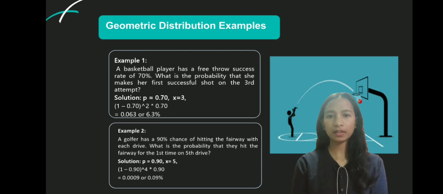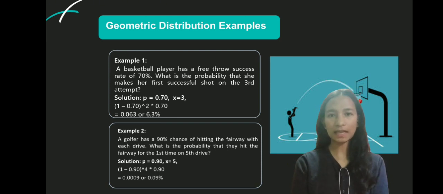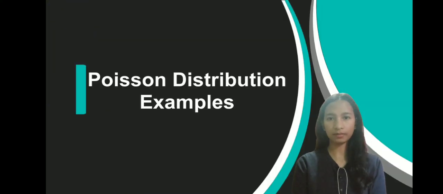Using the geometric distribution formula, the probability is calculated as (1 minus 0.90) raised to 4 times 0.90, which equals 0.0009 or 0.09%. Therefore, the probability of the golfer hitting the fairway for the first time on the fifth drive is 0.09%, given their 90% chance of hitting the fairway with each drive.